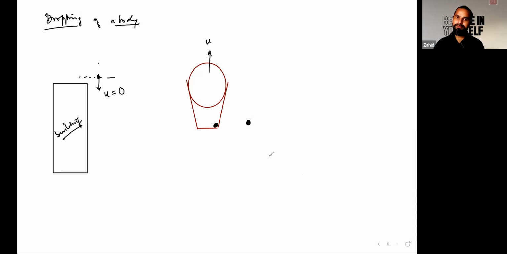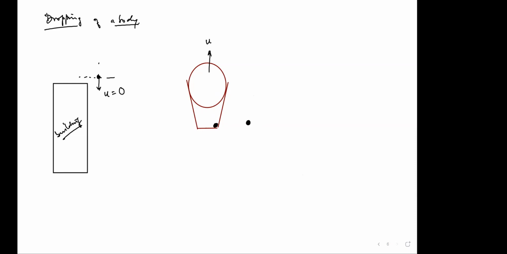Hamza? On just dropping this body outward from this system, would it go upward or downward? Khalid?